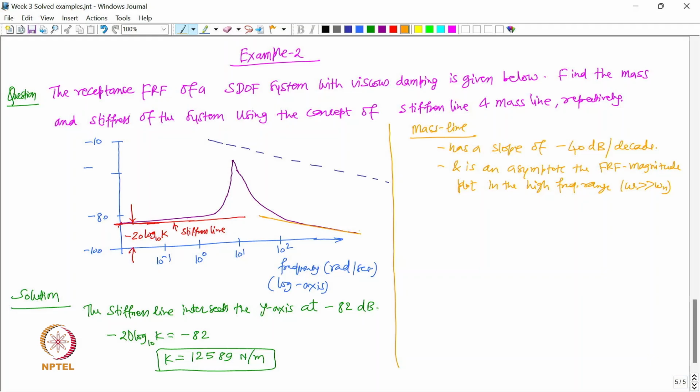So we will draw another line here, which is going to be an asymptote to the FRF plot in the high frequency range, like this, and this line is parallel to the earlier line, which has a slope of minus 40 dB per decade. Now we can just extend this line like this. So this is nothing but the mass line.